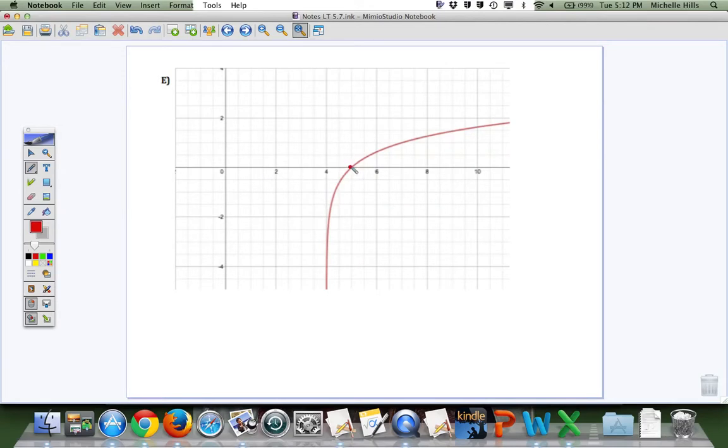Here, I notice that this is actually translated 1, 2, 3, 4 to the right. If it's translated 4 to the right, I know this is going to be an x minus 4. The log base something of x minus 4.